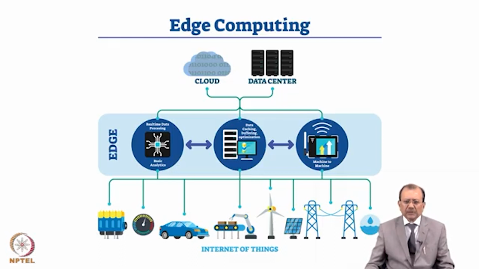This picture shows the same concept in a different manner. You can see hundreds of devices, like things of your daily use such as cars, robots, windmills, computers, and grids, being connected to the edge computing system.